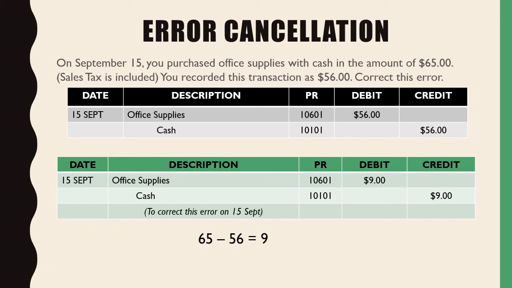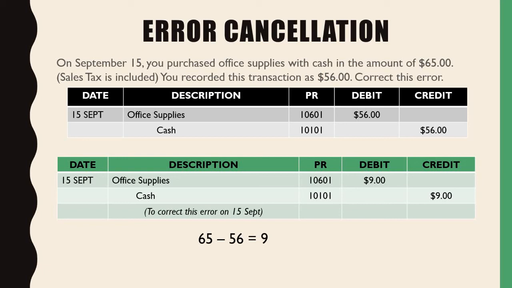That is $9. So that means I am short $9 in my office supplies, and I'm also short $9 in my cash, because I'm supposed to have cash in my hand. So I can make an adjustment here: I need to increase my office supplies by $9 more, and I need to also adjust my cash by $9.